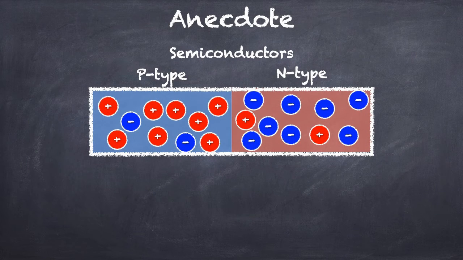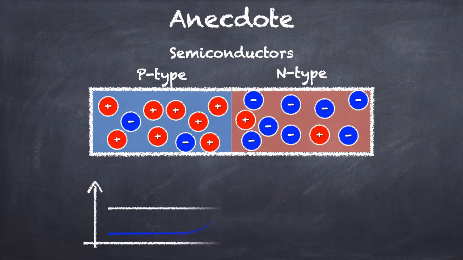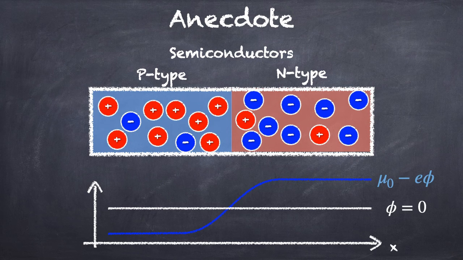Coming back to our p-n junction, if we plot the electron chemical potential alongside the electrostatic potential, just after making the junction, it would look like this. Here I call μ0 the chemical potential in absence of external electrostatic potential. As you can see, moving towards decreasing chemical potential is going to drive the electrons to move leftward, as we already explained earlier.